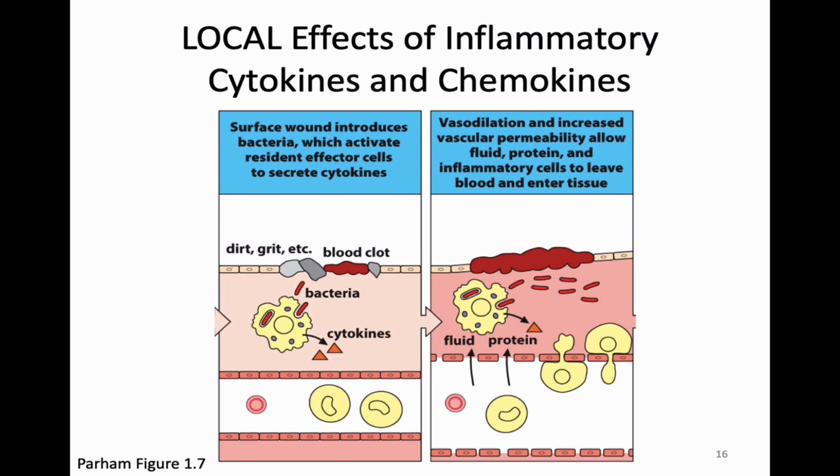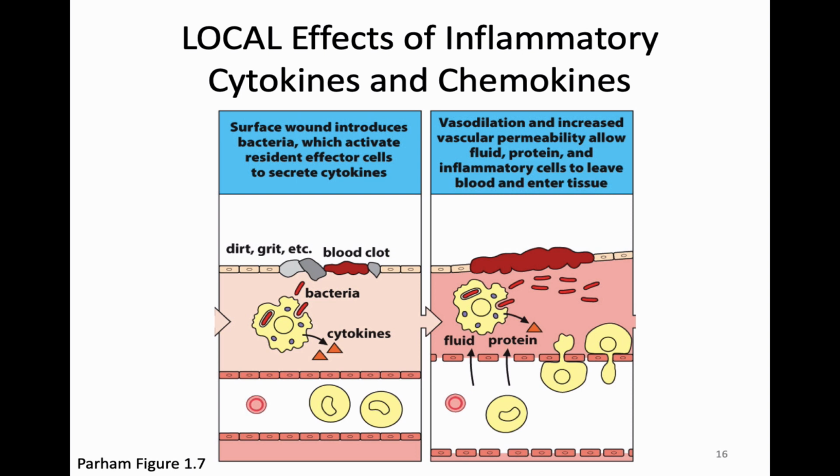You can also see that the orange cells that make up the wall of the vessel go from being tightly attached to one another to having gaps between them. That is known as increased vascular permeability, and that will allow fluid, cells, and protein to go into that site of infection.